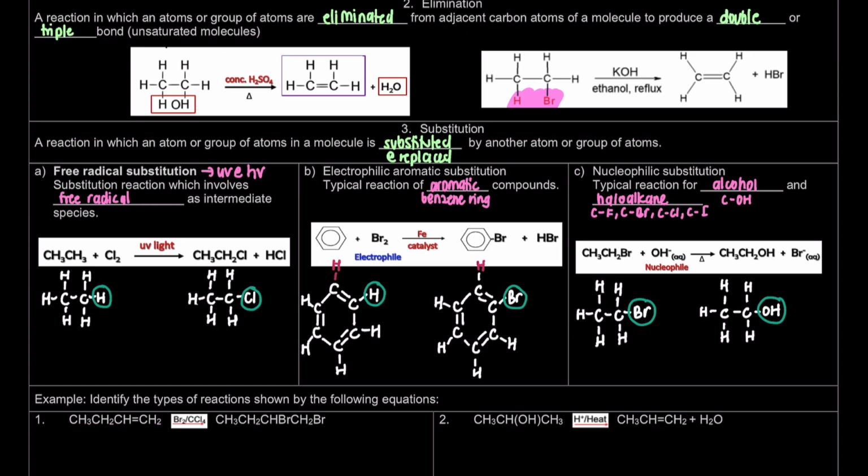Based on the example here, it says to identify the types of reaction shown by the following equation. If the equation given is in terms of condensed or skeletal, it is easier for us to draw it in terms of expanded, just like this one. That will be easier for us to see what is the type of reaction present. Okay, so let us look at example number 1.